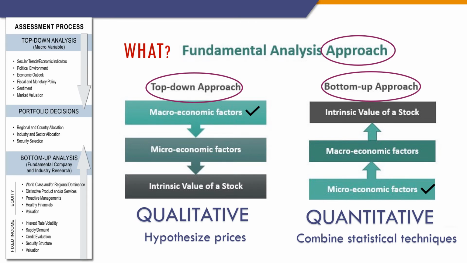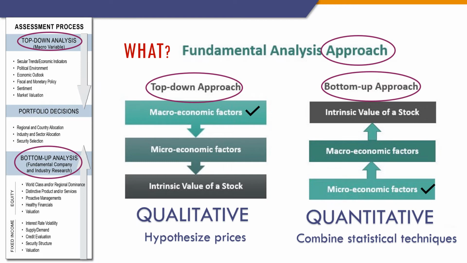So, what are the factors that we normally assess using top-down? We have economic outlook, economic indicators, political environment, the fiscal and monetary policy, also the market valuation, the sentiment of the economy related to the business cycle, while bottom-up analysis would be looking at whether we have equity investment or fixed income investment. So we look into interest rate volatility, credit evaluation if it is fixed income.